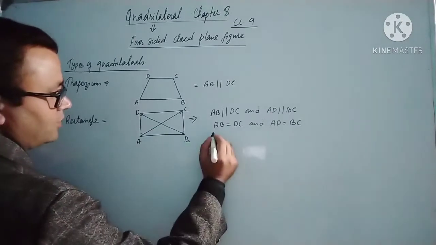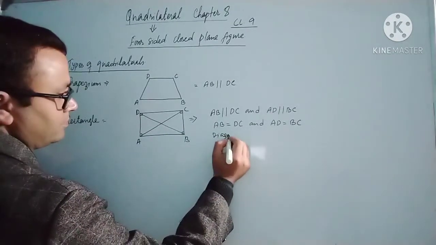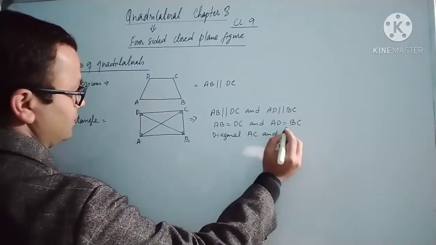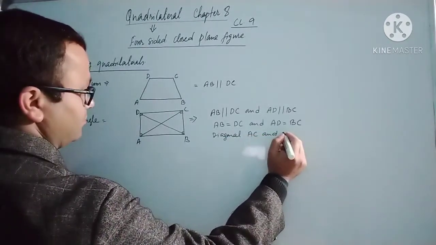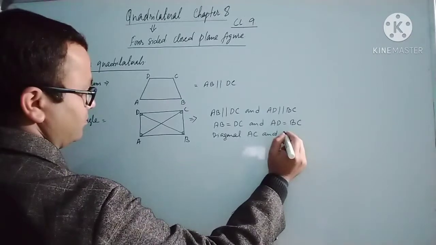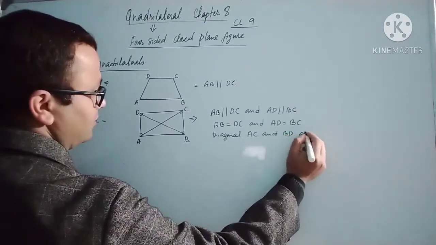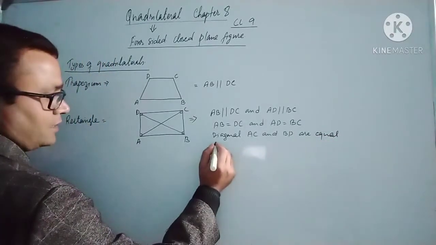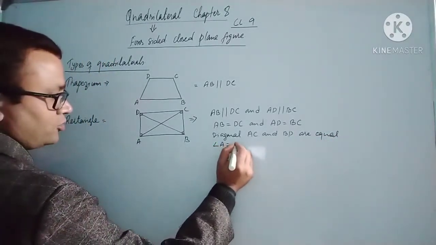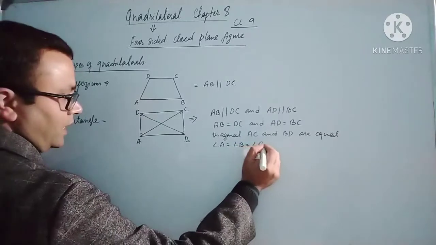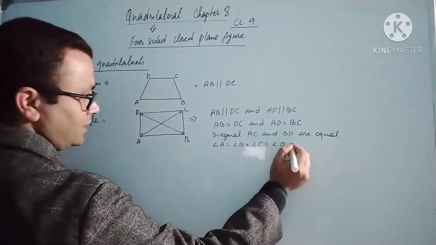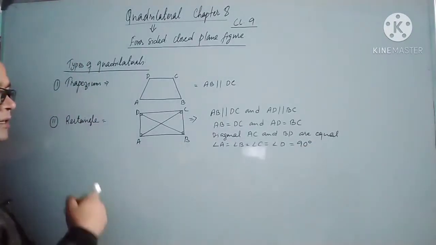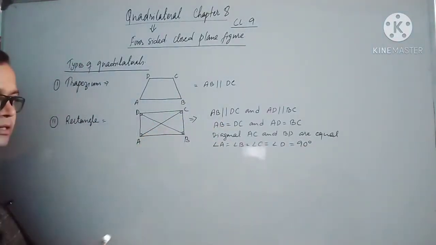Diagonals AC and BD are equal in rectangle. Angle A equals angle B equals angle C equals angle D equals 90 degrees. These are the properties of rectangle.